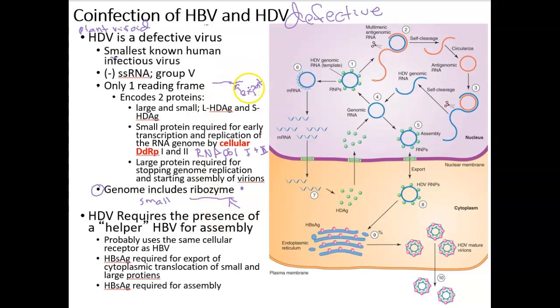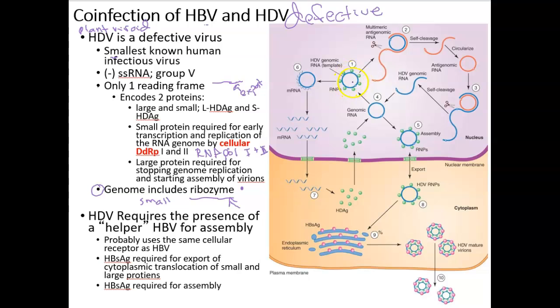If we take a look at the replication cycle, the virus binds. We think it binds to some of the same receptors as hepatitis B. So it binds, it enters, it traffics to the nucleus, and here we've got the RNA, which is in blue, and we've got the viral proteins surrounding it.